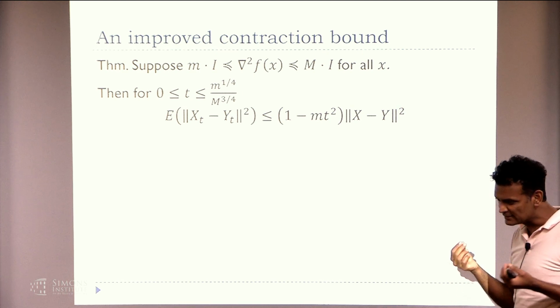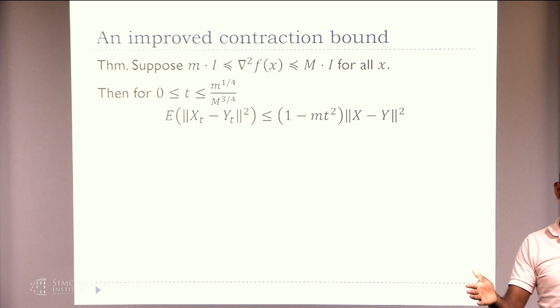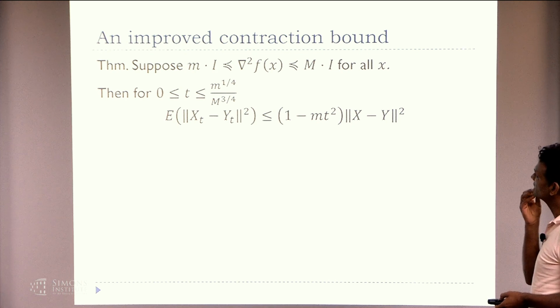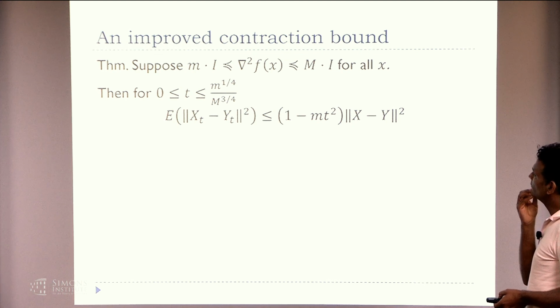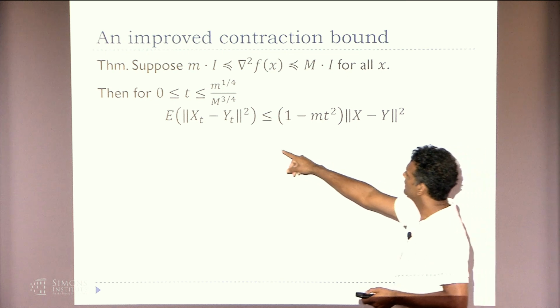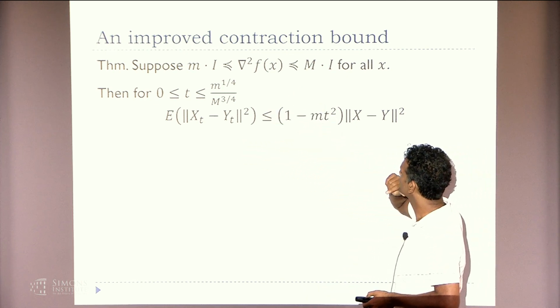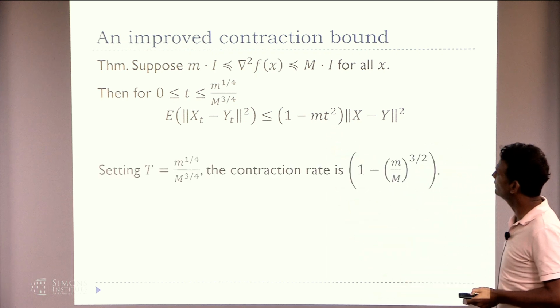So the trivial coupling of just identity, use the same direction, works because the gradient of the function is helping you go to the same place. And it's strongly log concave, so the gradients are pointing you to the same global point, no matter where you start. And that's enough to beat the noise and still get a distribution. So the contraction bound here is 1 minus this lower bound on the eigenvalues times the time squared.